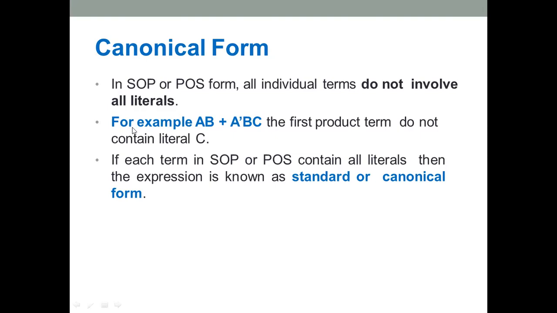As I already gave in the example, we have the function ABC, and in that we have AB plus A bar B C. The first product term AB does not contain the literal C, so this cannot be called a canonical form.